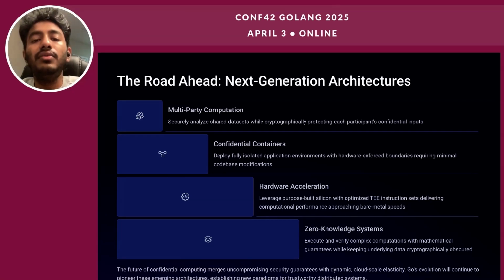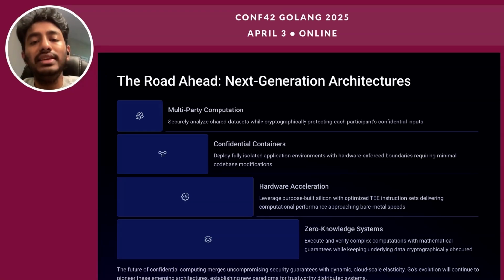And then we have confidential containers, which will allow us to deploy secure workloads with minimal friction. And then specialized chips and TEE acceleration will bring near native performance. And all in all, zero knowledge proofs will let us verify correctness of computations without revealing any inputs.